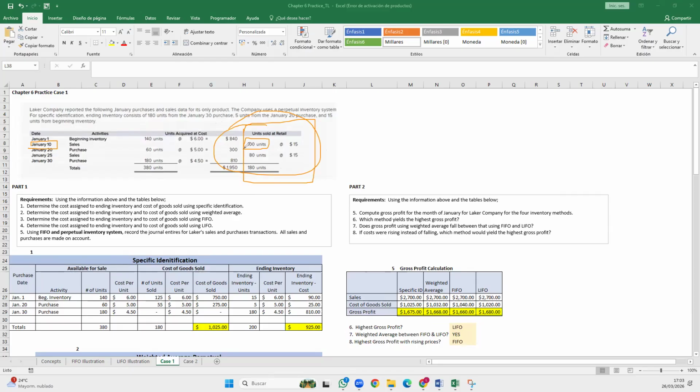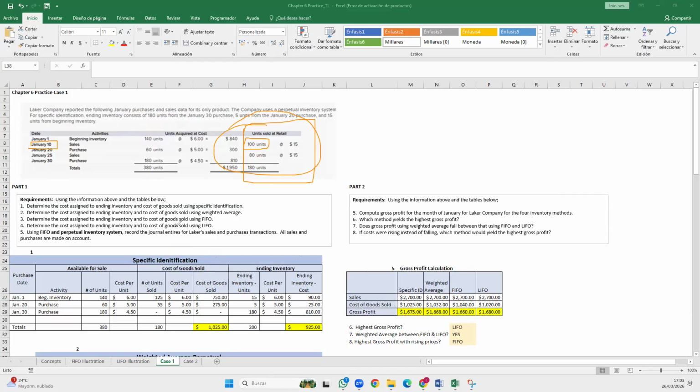Those 100 units need to be distributed in the weighted average, the LIFO and the FIFO, strategically following those specific steps that each inventory costing method follows. But here in the specific identification, we can't follow that pattern. We can't follow that criteria.